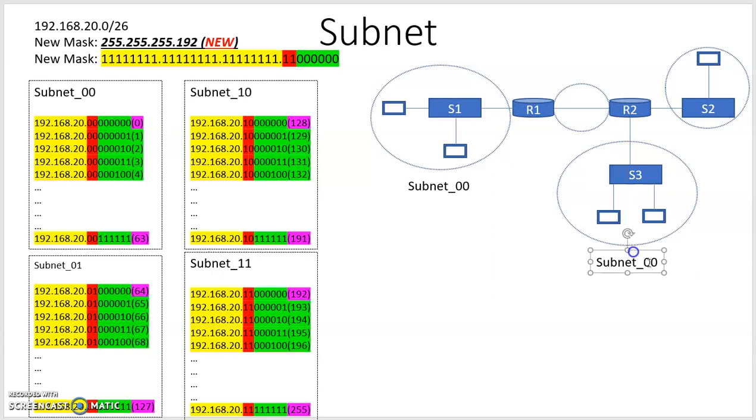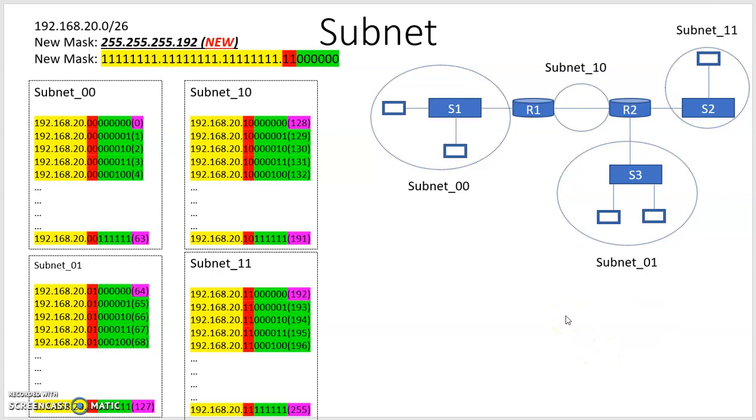Let's say this one is for subnet 01. This one we can assign for subnet 10. And this one we can assign the corresponding IP addresses for subnet 11.